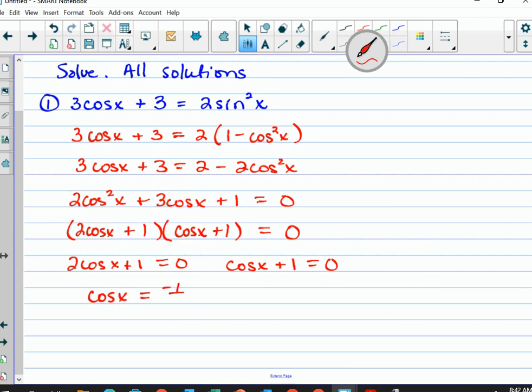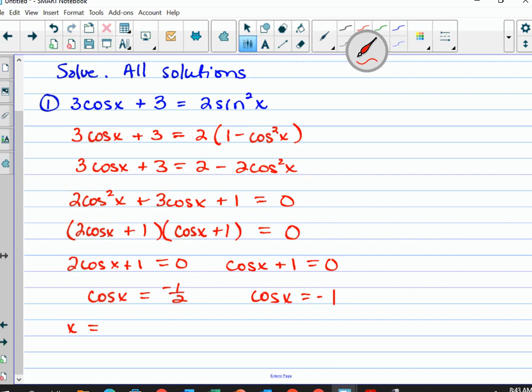So I want to know, when does cosine equal -1/2 and when does cosine equal -1? Is it all solutions? We have to write it in the form with plus 2 pi k.